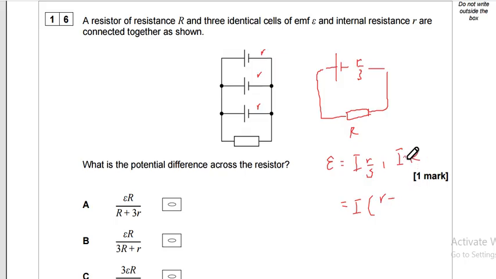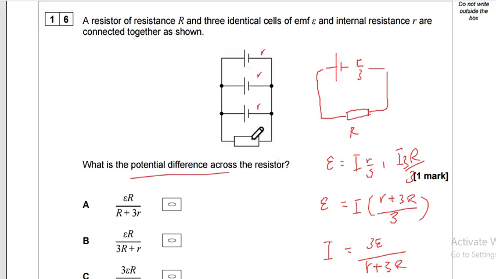We can make this as 3R capital over 3, and hence we can rearrange for I as 3 eta over R plus 3R, and as we want the potential difference across the resistor R here, we will just multiply this by R capital.